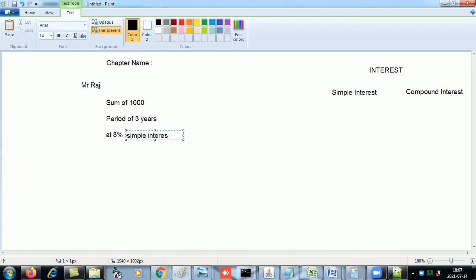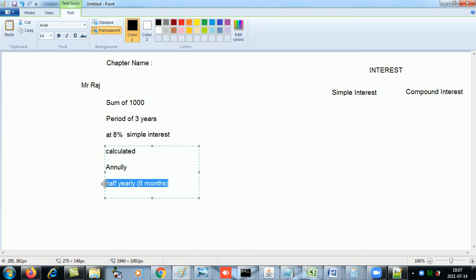This interest is calculated after a certain period of time. It can be calculated annually. Most of the time, 90% of the time, it is calculated annually. It can also be calculated half yearly, that is after every 6 months. It can also be calculated quarterly.